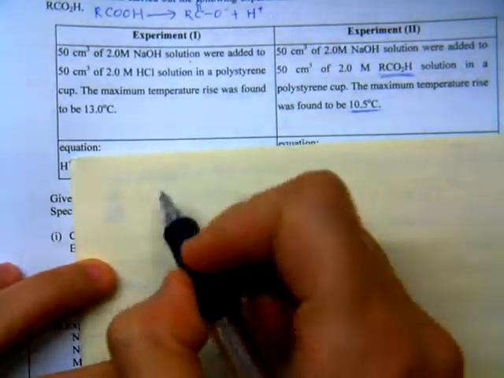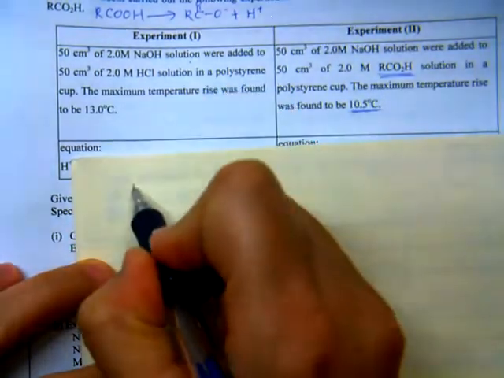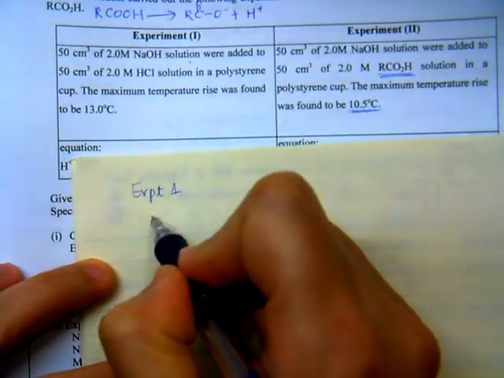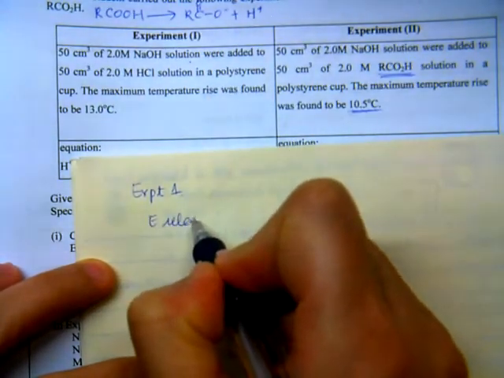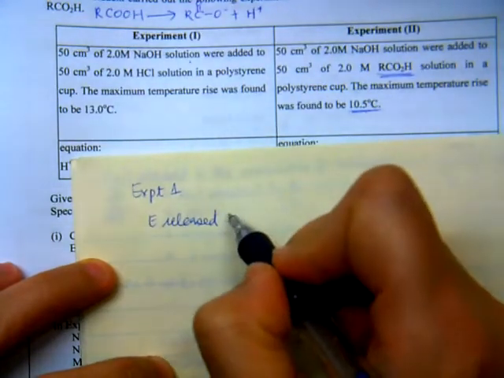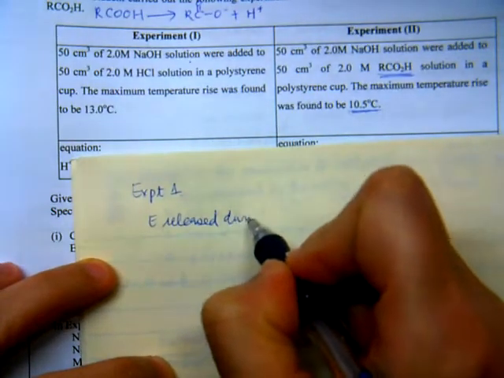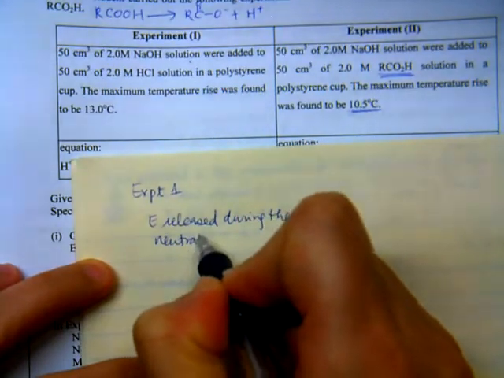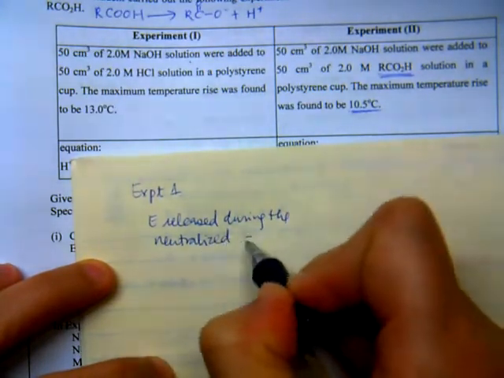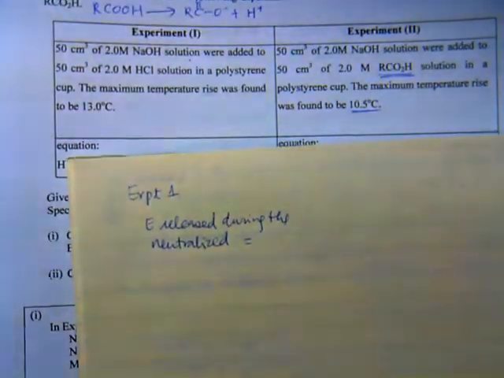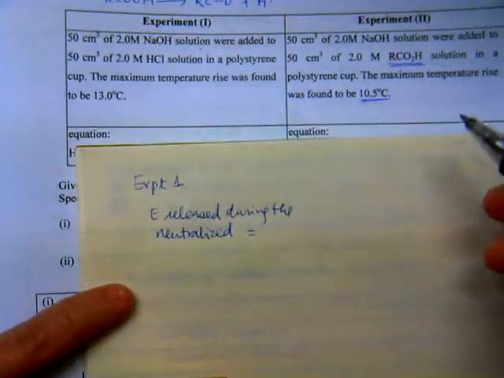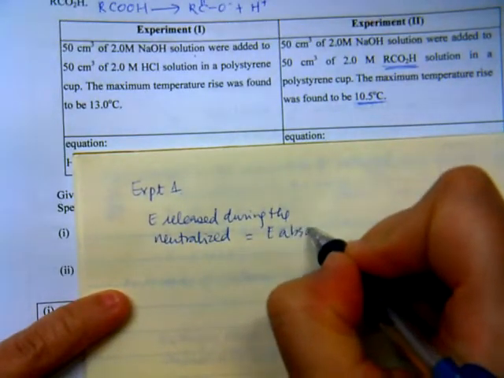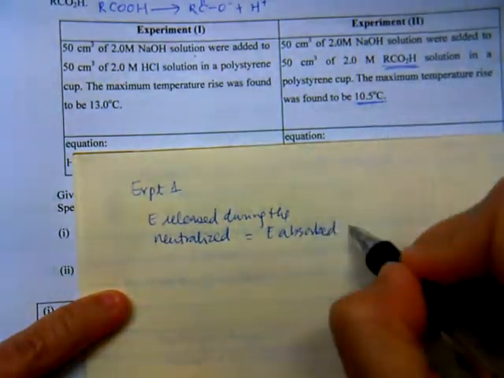Okay, let's look at this question, for experiment 1. Now, the energy released from the system, that means during the neutralization, is transferred to the surrounding, and in this situation is the solution.